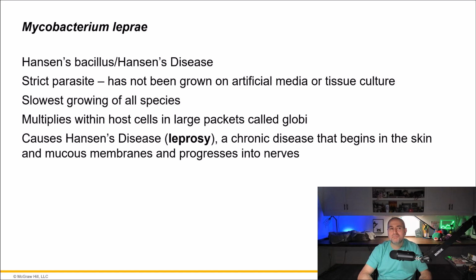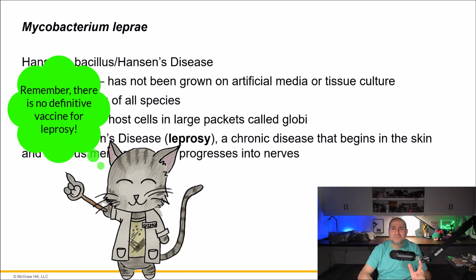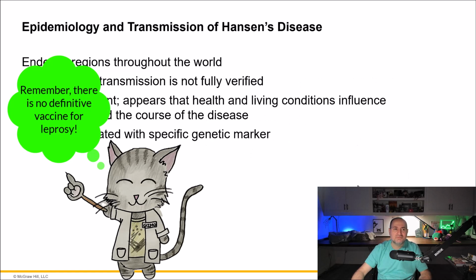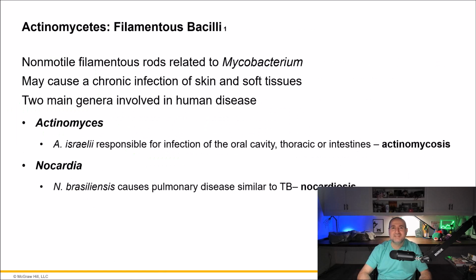And then we talked about Mycobacterium leprae. You should know that this one is the cause of leprosy. And there is no actual vaccine against Mycobacterium leprae. This is one that we do not have a vaccine for. And then lastly, we mentioned the actinomycetes. You should know that these are filamentous bacilli.